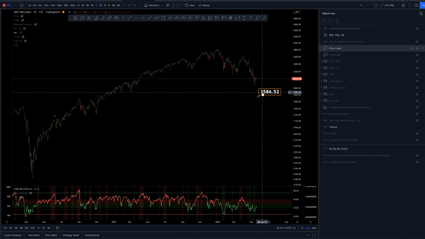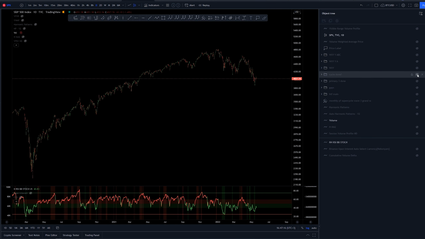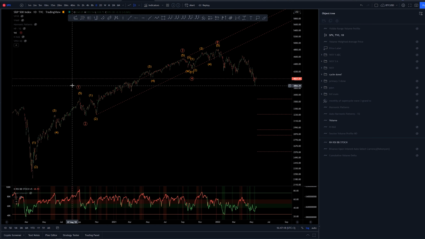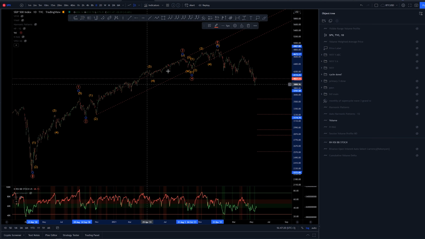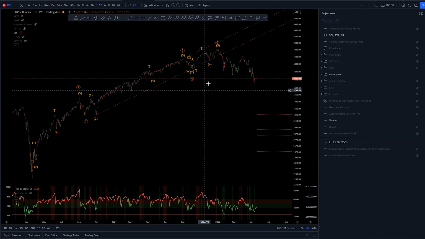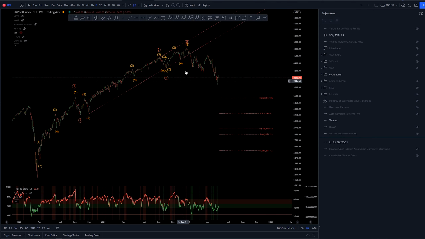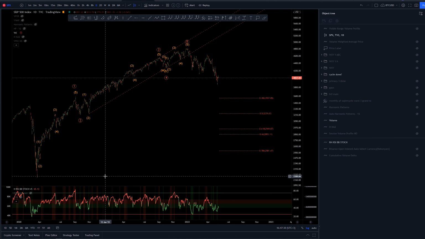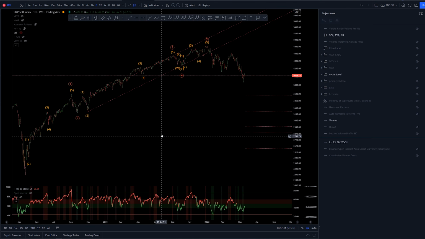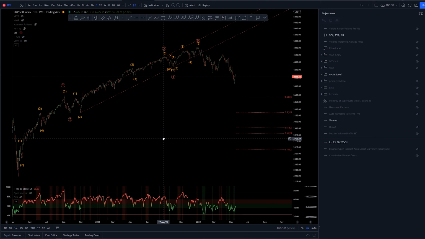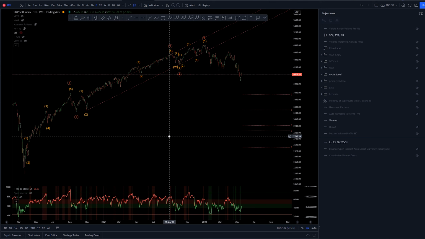So if the price gets down below here, this whole count is invalidated. For that, I have another count prepared, saying that we have 1, 2 on the same spot, and then 3, 4 and 5 ending the cycle here. So at this point we are either correcting this structure here or something else. But again, we'll talk about that in another video, because that would be catastrophic, to say the least.